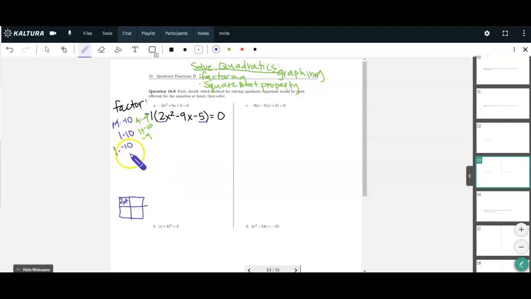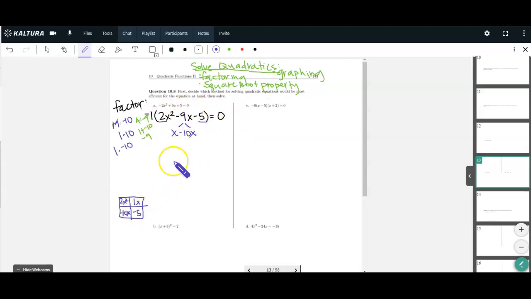Right, and then remember I changed this, my middle term is no longer a negative 9x, I broke it down to be a 1x and then a negative 10x, right, because those together would give me that negative 9x. So I'm going to put my x, or my 1x, and my negative 10x. And then I still have that negative 5 down there.